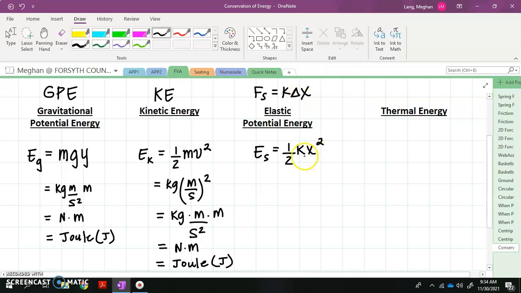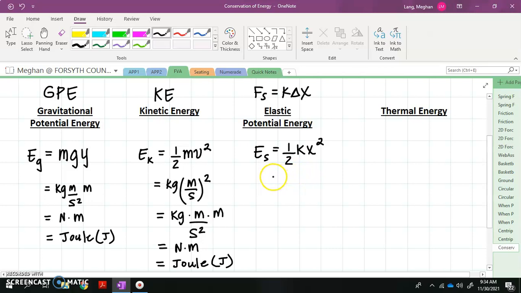These are the same two values. I'm just dropping the delta because most commonly you don't see this equation with the delta in it.